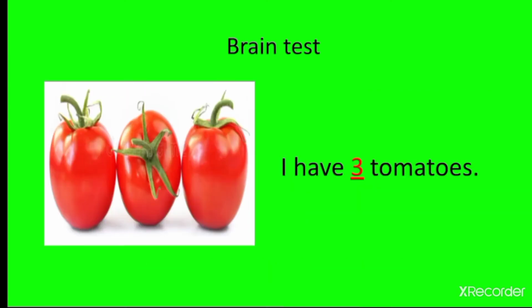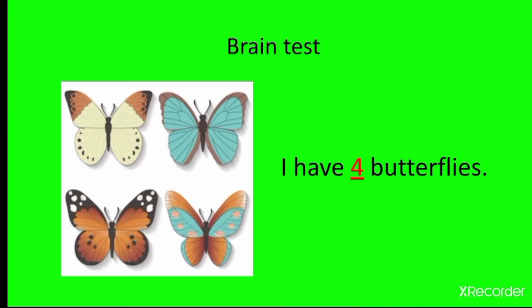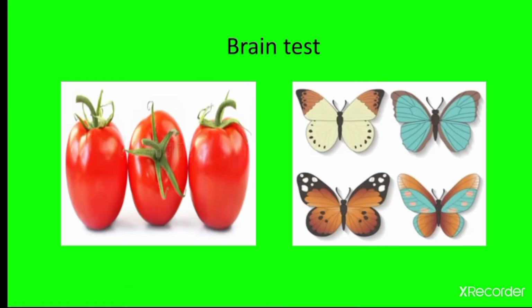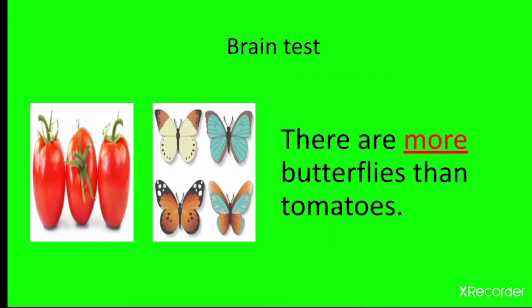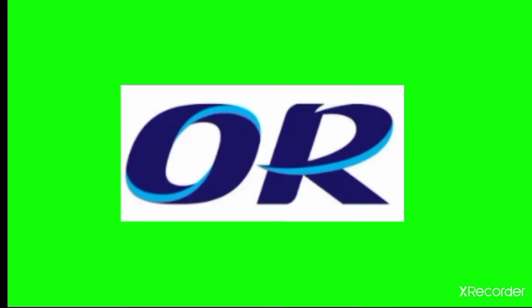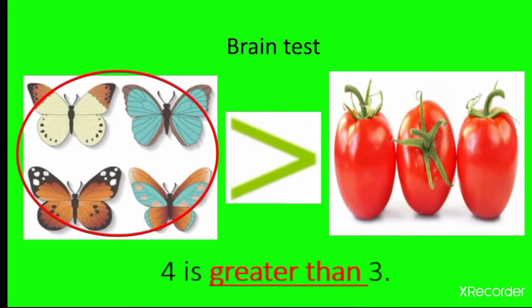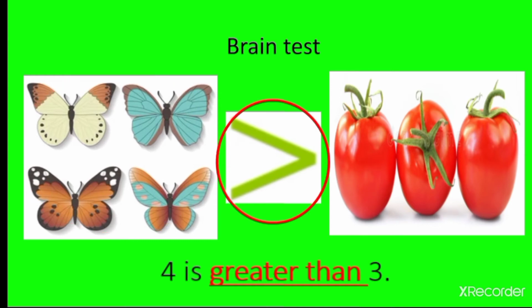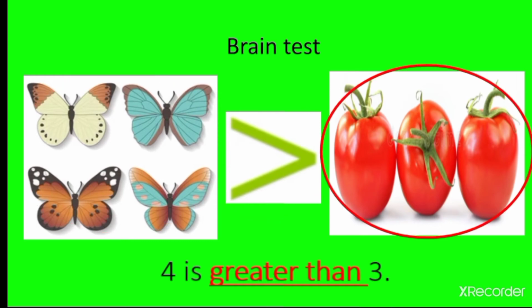Example number 2. I have 3 tomatoes. I have 4 butterflies. What do you think this means? Can you tell me? There are more butterflies than tomatoes. Or 4 is greater than 3.